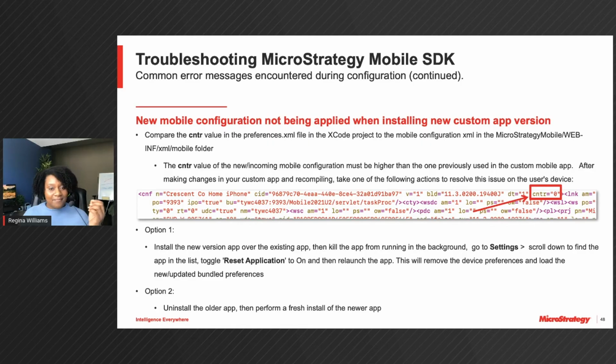So even if I have my update existing preferences set to true, it will still depend on the value of this counter variable. So that's one thing to look for. Make sure and compare that the counter variable has been updated when you're updating the app with the new configuration, just to make sure it'll update correctly. All right, let's go to the next slide.